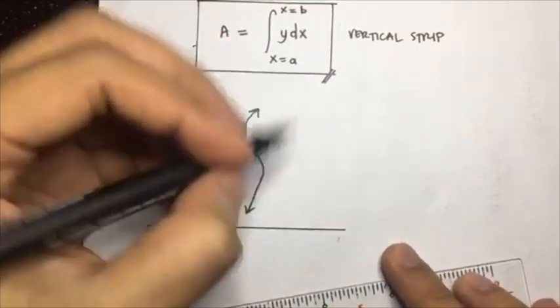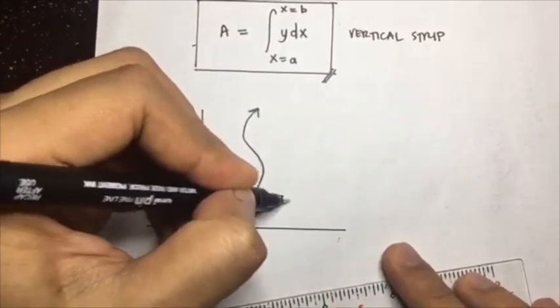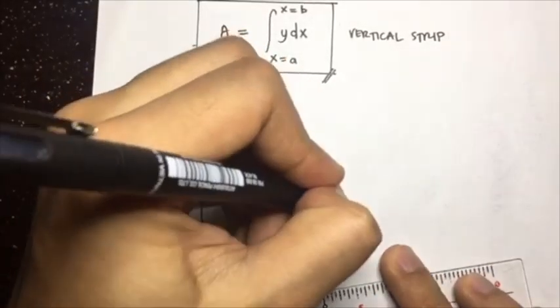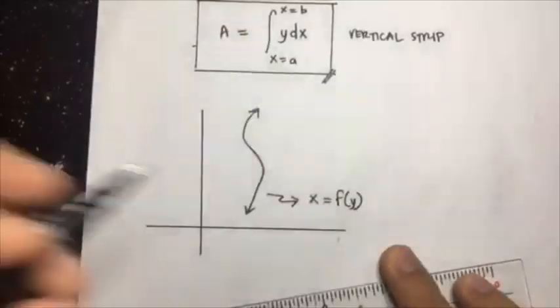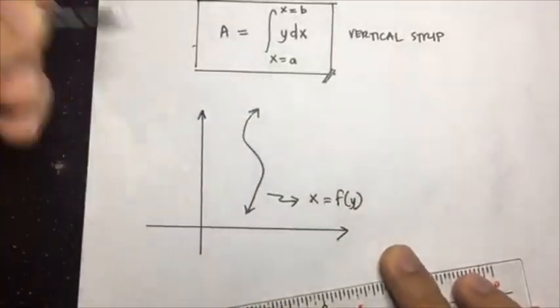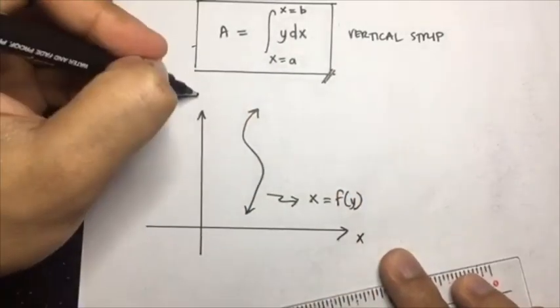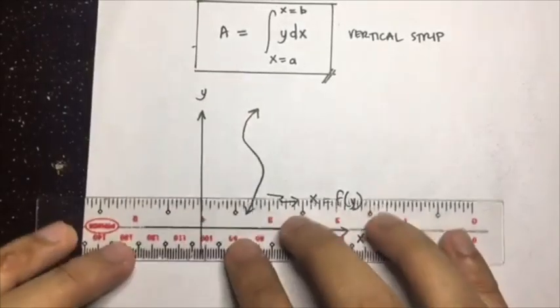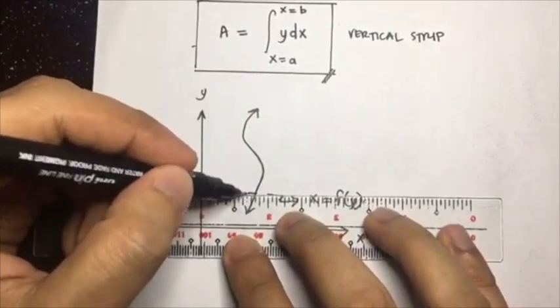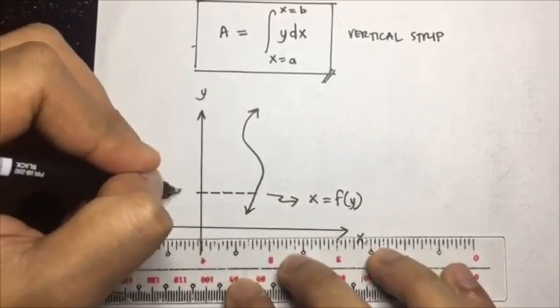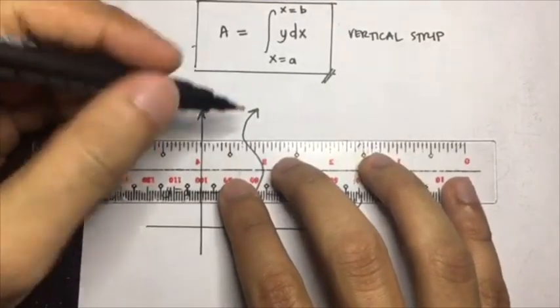Let's say this curve is x as a function of y, from y is equal to a to y is equal to b.